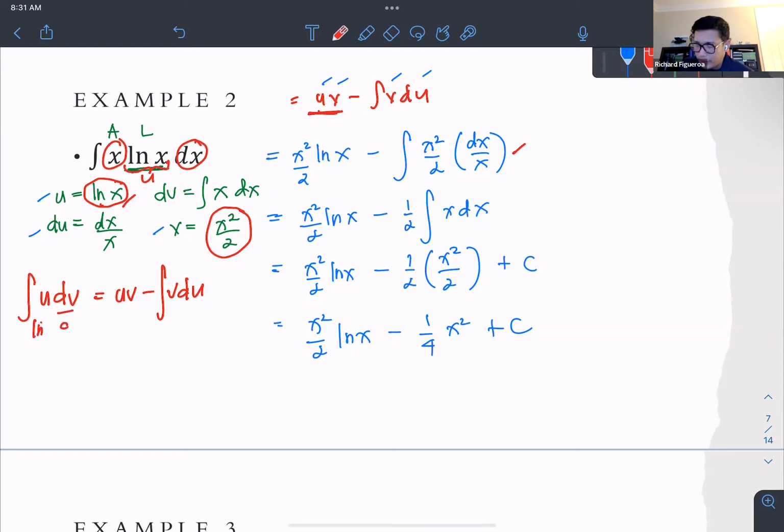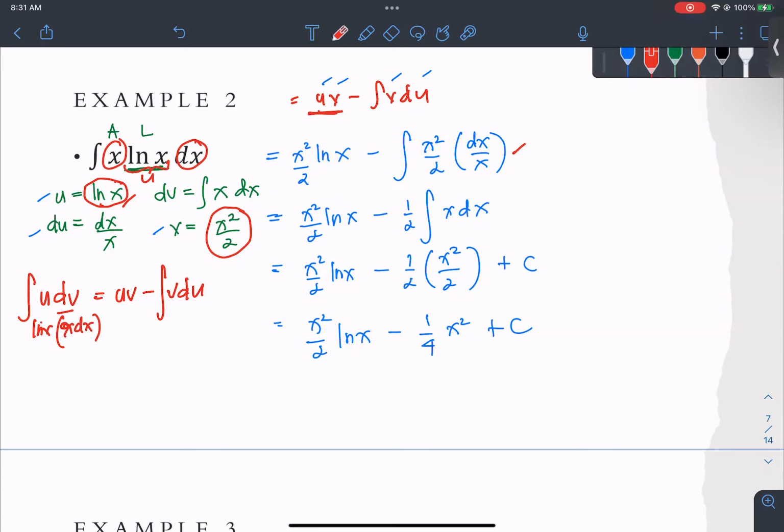Kumbaga, ang u natin is ln x, ang dv natin is x dx. Yes po, sir. Na-confuse po kanina bakit parang derivative po agad yung x dx. Pero thank you po. Okay. So, kailangan mo muna siyang integrate. Tapos, pag na-integrate mo, yun na yung magiging v mo nun. And then, yun yung isusupply mo dito. Yes po. Thank you, sir. Okay, sure.